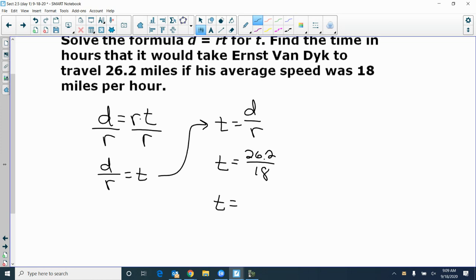Now give us the time it takes. I'm going to round that to the nearest hundredth. It's 1.45 repeating, right? If I'm going to the nearest hundredth, I'm gonna make it T equals 1.46 hours.